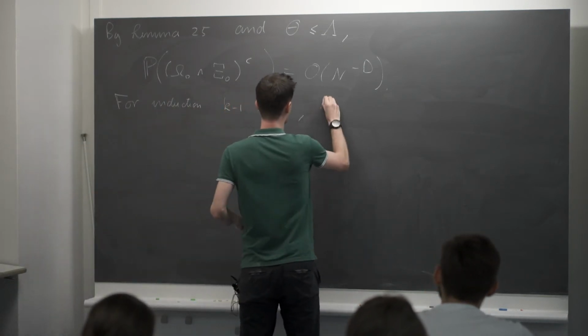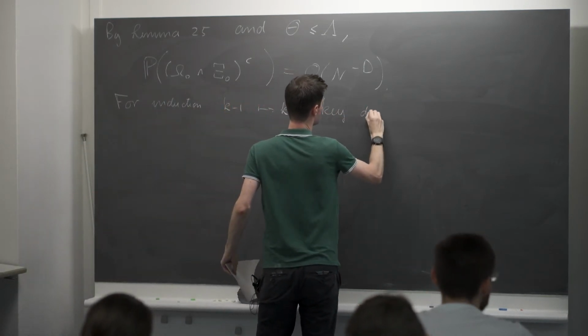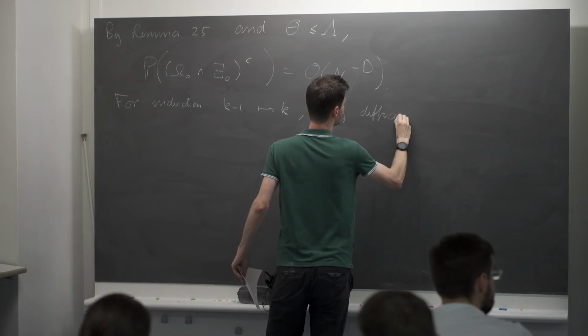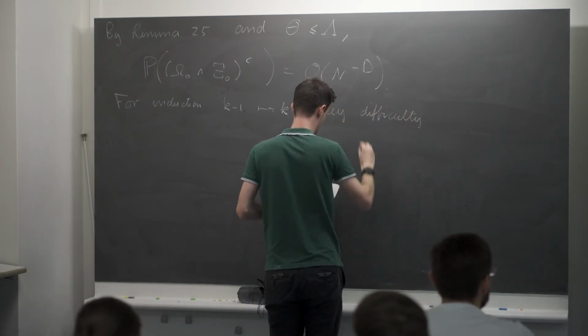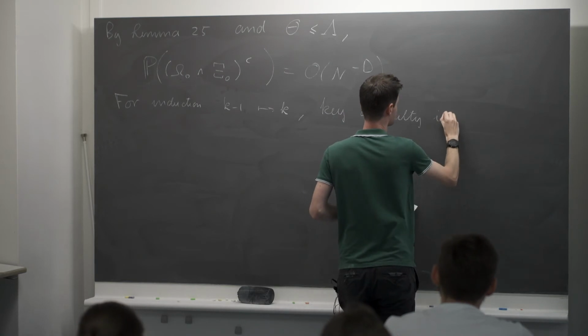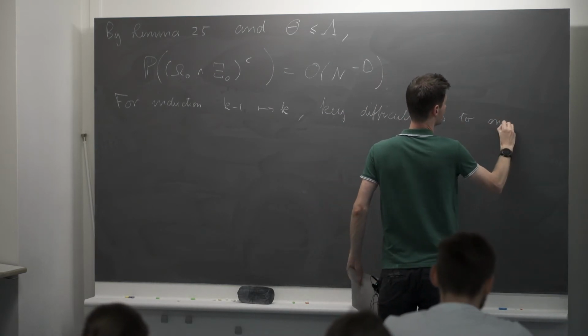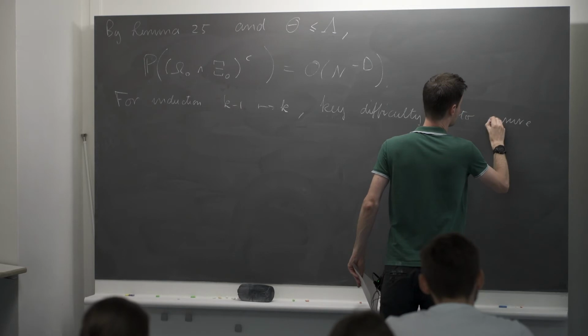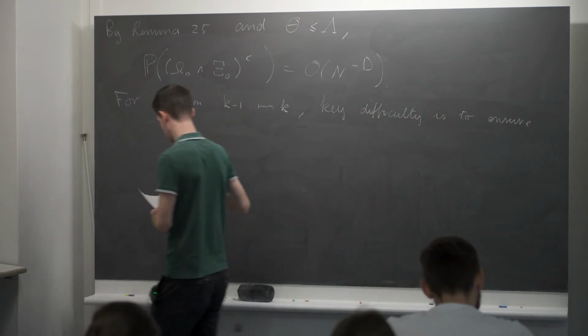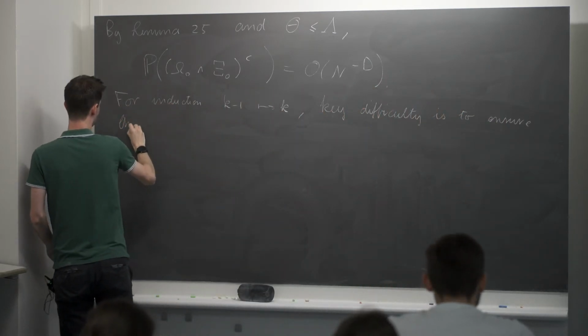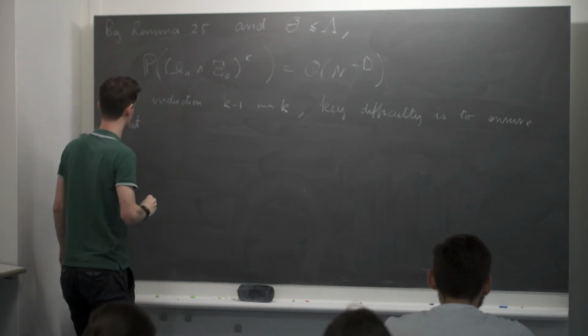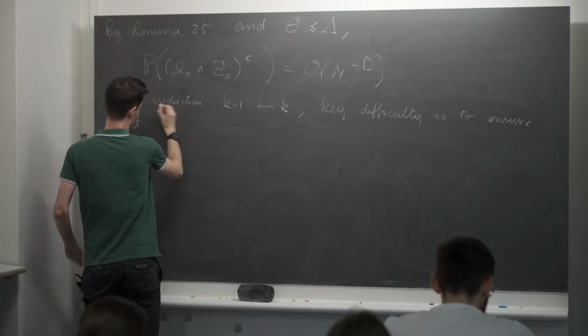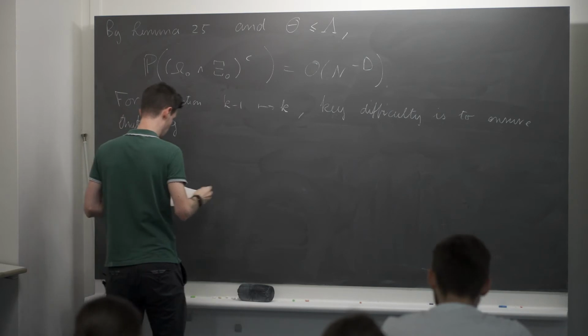So here the key difficulty is to ensure, as before, but now it's a bit more difficult, that G is close to M.